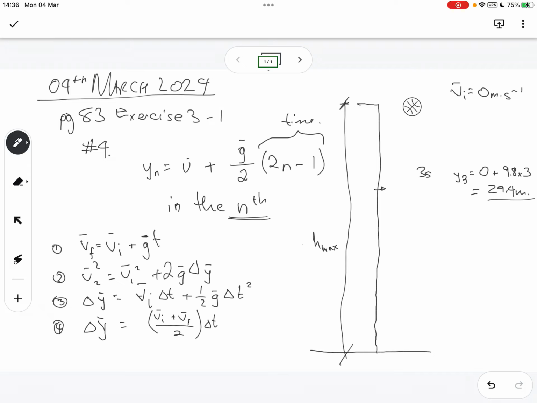Let's just cap it at that, right? The distances are not the same. Wait, the distances are the same, isn't it? 29.4. The distance covered in the last 3 seconds equals the distance covered in the first 3 seconds. Okay. So now we have the distance covered in the first 3 seconds.